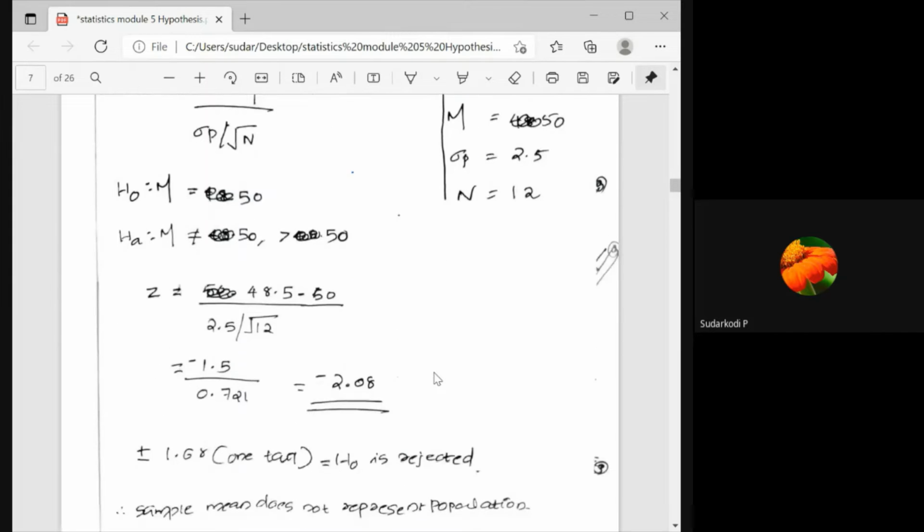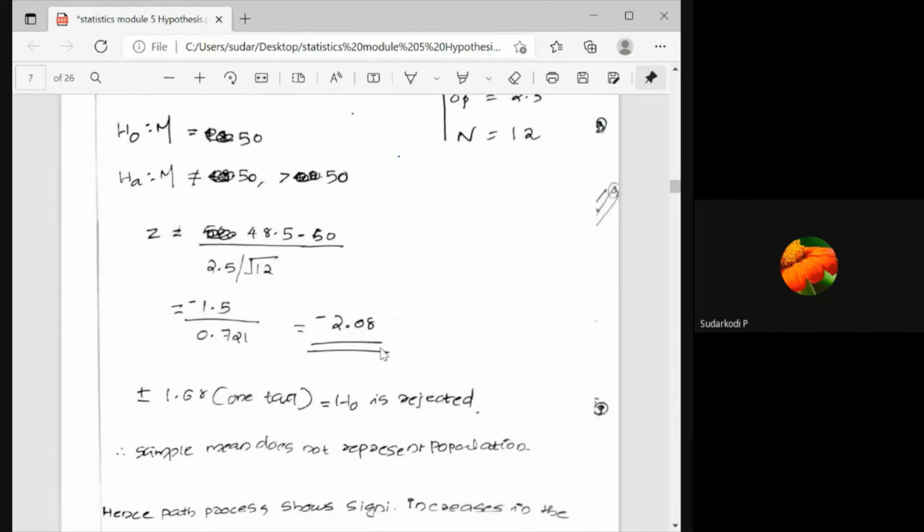You apply the Z formula and you get the answer as minus 2.08 here. Only thing, your answer has to be checked between plus or minus 1.68, because your question is related to one tail.